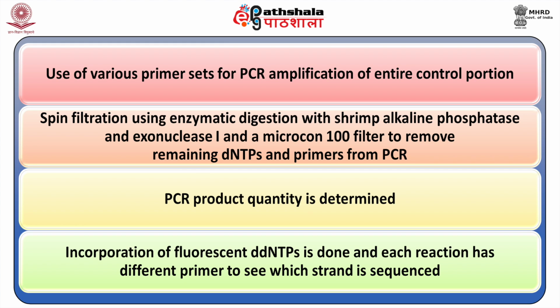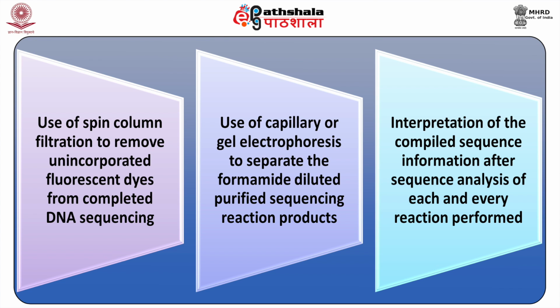PCR product quantity is determined. Incorporation of fluorescent ddNTPs is done, and each reaction has a different primer to see which strand is sequenced. Spin column filtration is used to remove unincorporated fluorescent dye from the completed DNA sequencing.